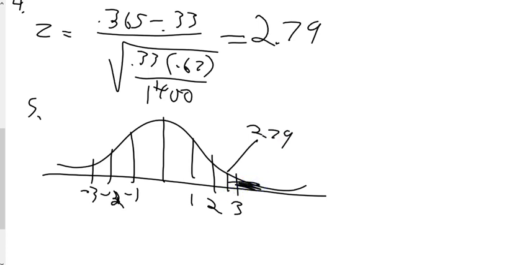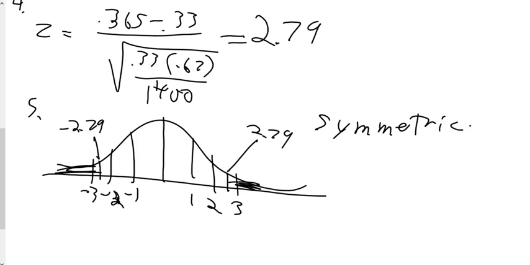But since we don't know if it's less than or greater than, there's a chance that could be also over here, negative 2.79. So we put a line here, we shade this way. There's where the 2 tails comes in. We're doing greater than the z-score and less than the matching z-score. Remember, the key thing here is symmetrical. And that's going to come in key with what we're going to do next.